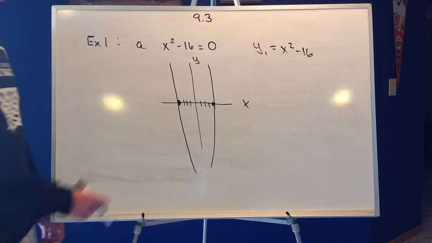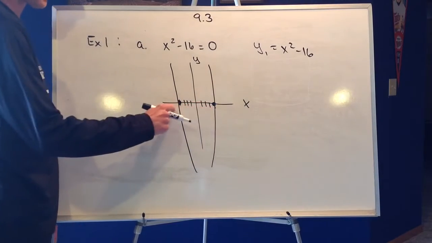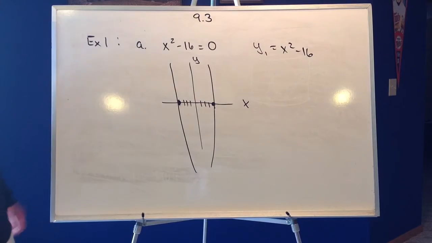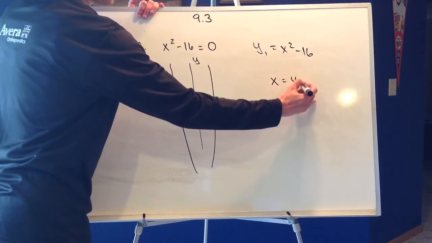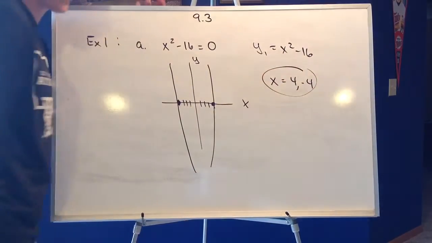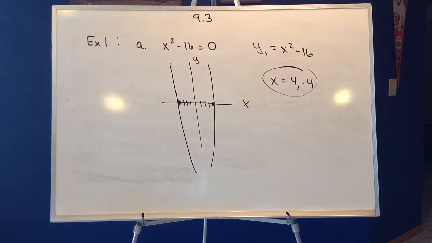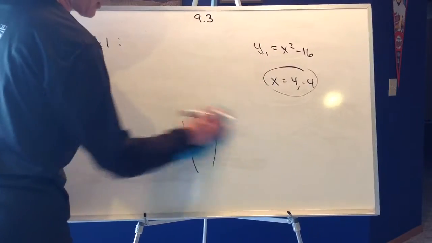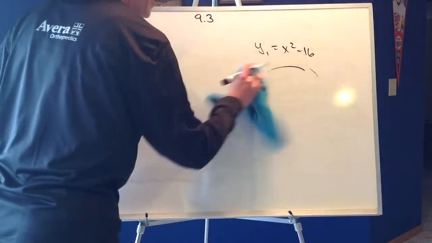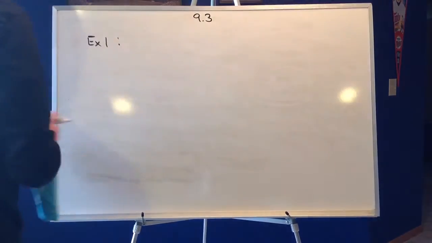All you care about is where it crosses that x-axis. In this case, it crosses at 4 and negative 4, so those would be our 2 answers. That's all you really have to do for these: put them in the calculator, see where it crosses the x-axis, and that will be our solution.